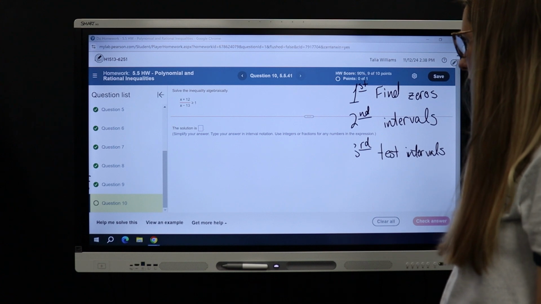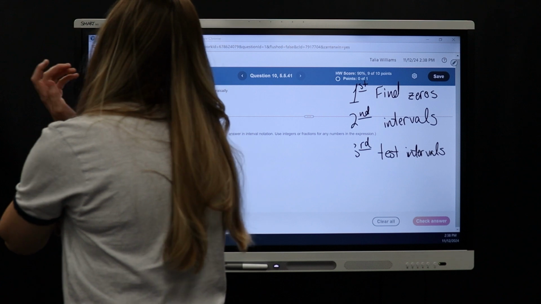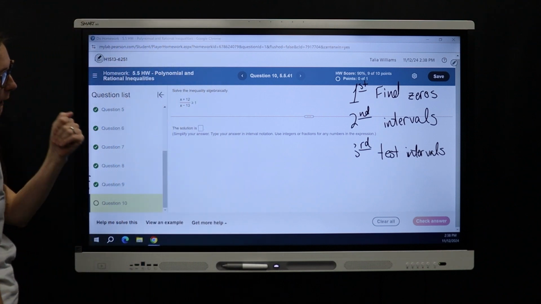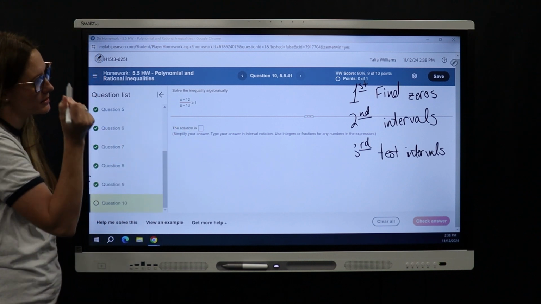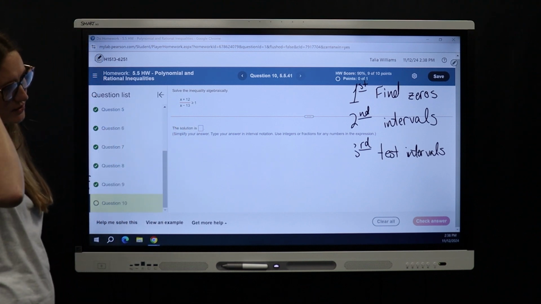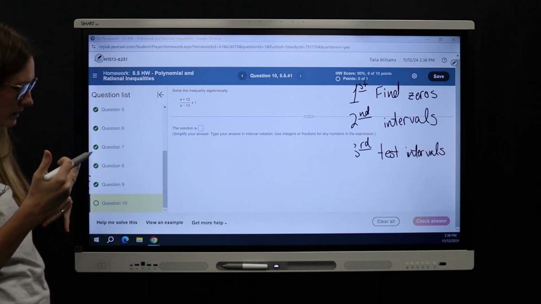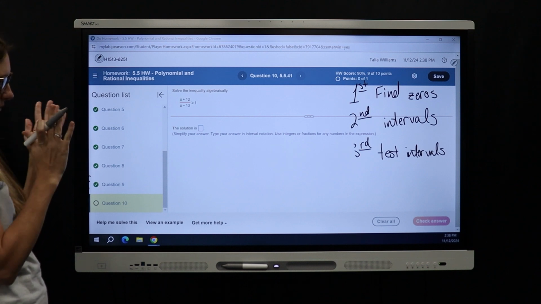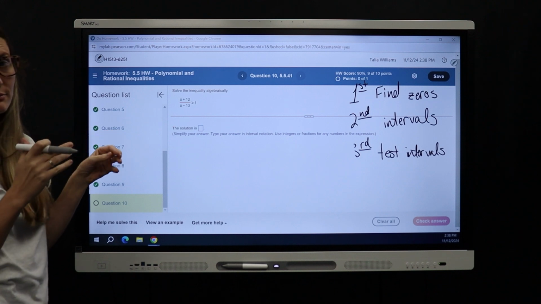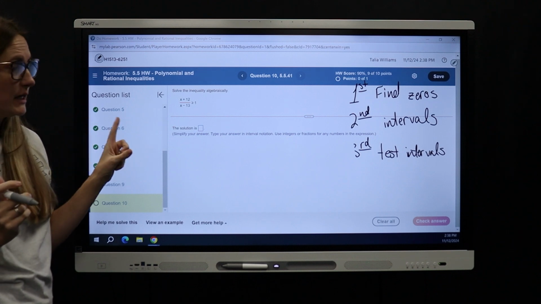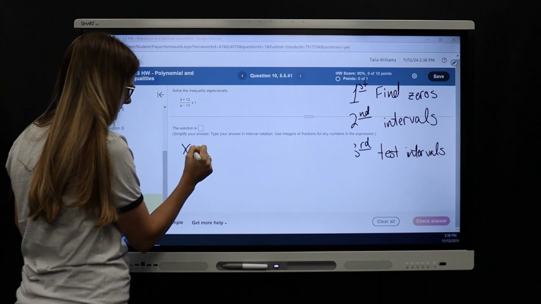Last one. Since this has a 1 here, you can't just solve it for your zeros because it all has to be on one side. Once I work this, there's an easier way if you can just spot it.